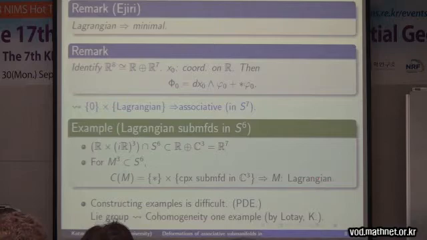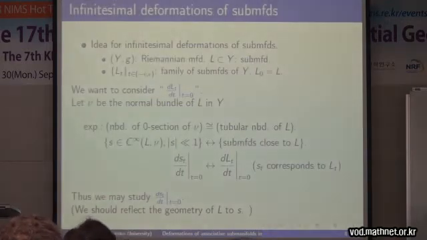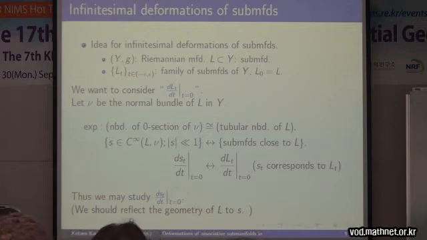So now we have defined each kind of submanifold: special Legendrian, associative, and Lagrangian. Next we want to consider the deformations of these submanifolds. First, we want to explain the idea of infinitesimal deformations of submanifolds. The setting is this.